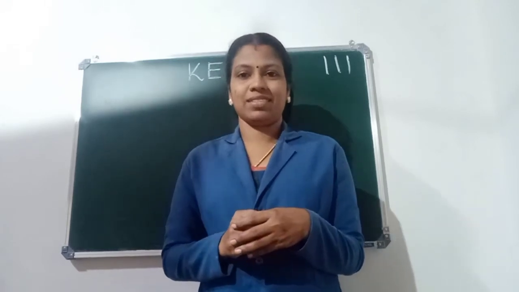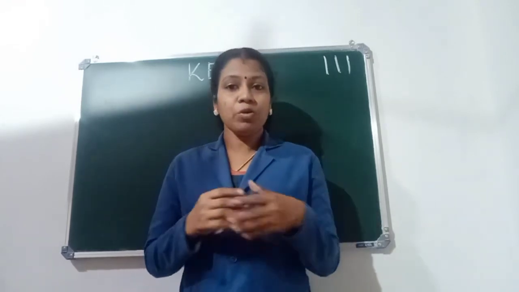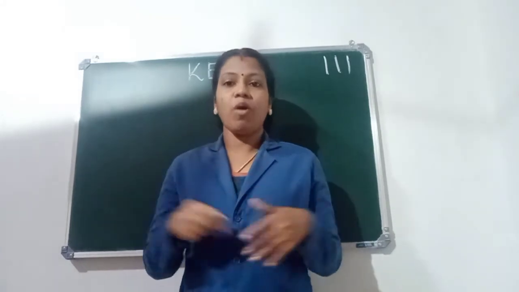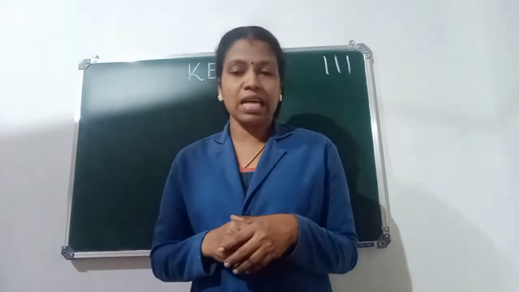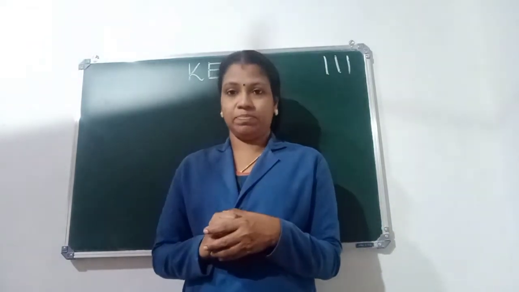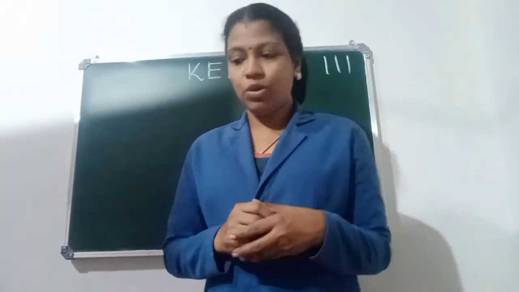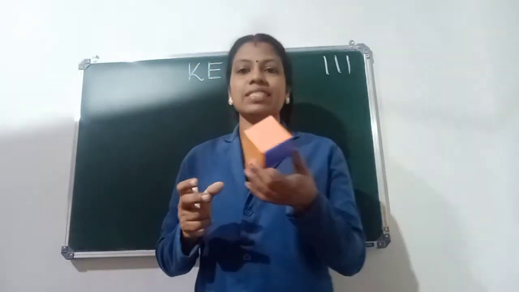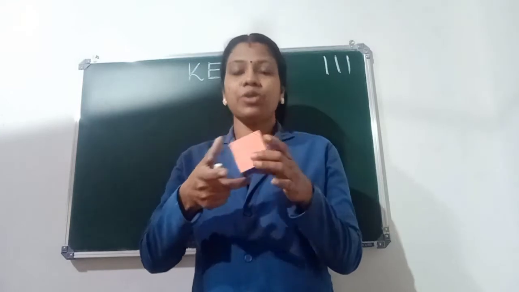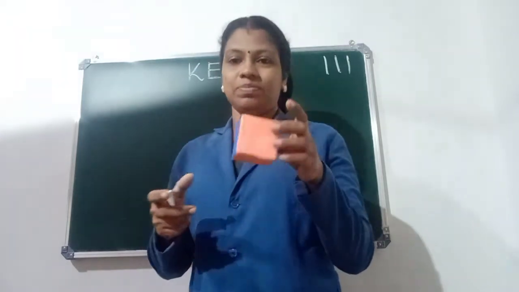Yes. A Rubik's cube is in the shape of a cube. A Rubik's cube is an example of a cube shape. So I will show you the cube. This is the shape. This is a cube.